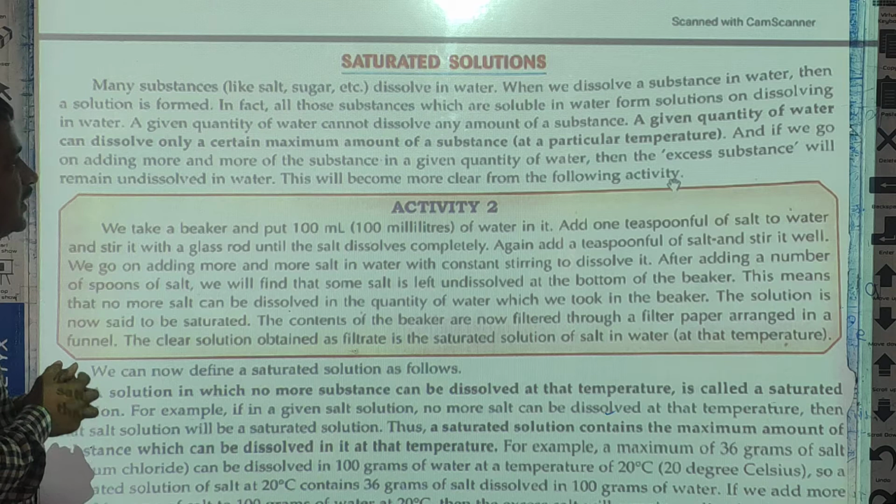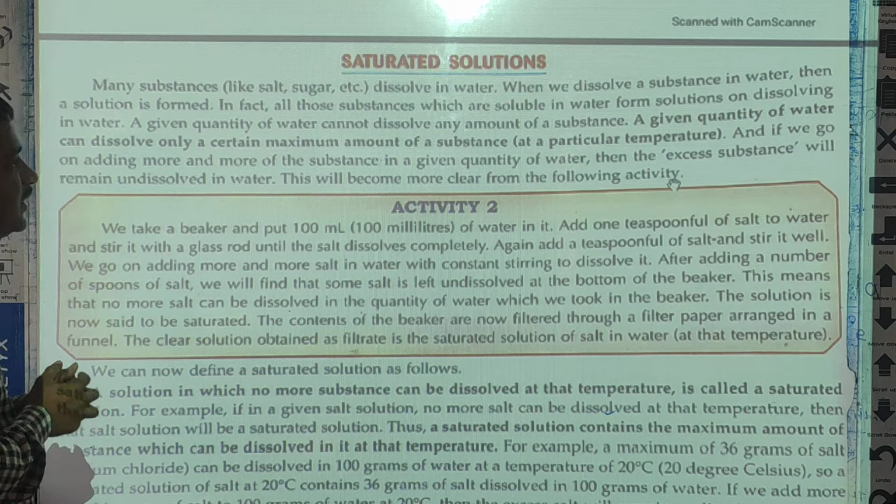So how do we define a saturated solution? A solution in which no more substance can be dissolved at that temperature. At one stage the water can't dissolve more substance in it. Even if you stir, that substance, that sugar, remains at the bottom.